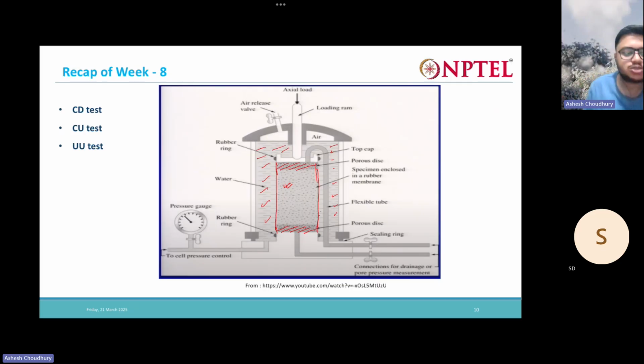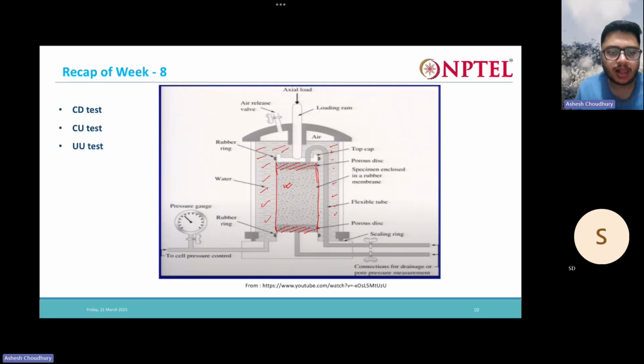There are two stages which form the triaxial test. First is the confining stage and second is the shearing stage. In the confining stage, the drainage valve is closed and we apply some confining pressure. For now, just remember that we have two stages.